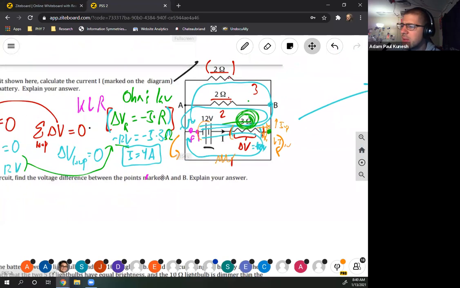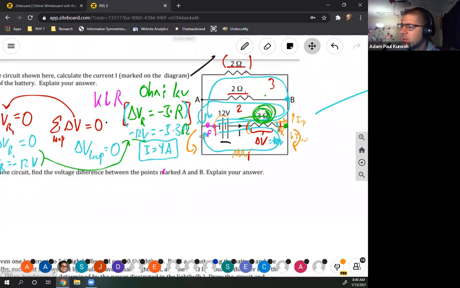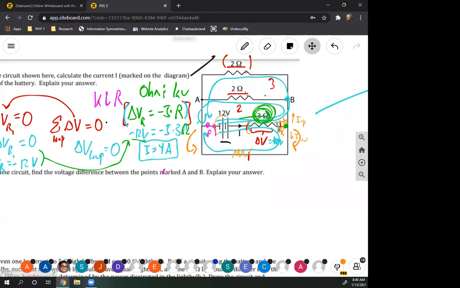Does that help? So it's basically because as I traverse this loop, I don't encounter anything beyond the split. Okay, I think I get it now. Thank you. Okay, yeah, sure.